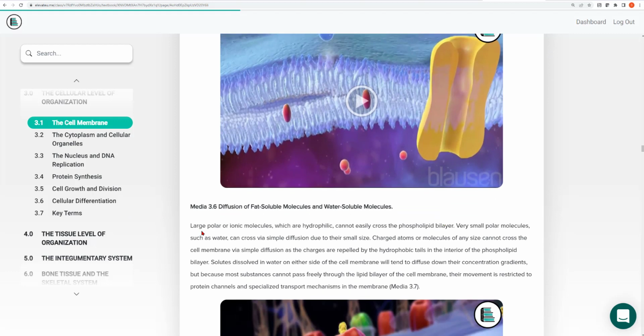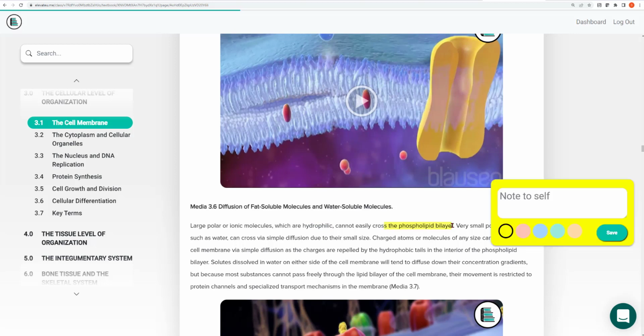If a molecule is larger and if a molecule is polar, another way of saying polar molecules is that they are hydrophilic. Hydrophilic molecules, most of them, are not able to cross the phospholipid bilayer.